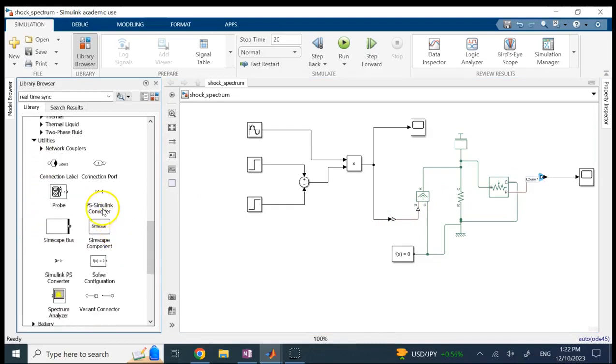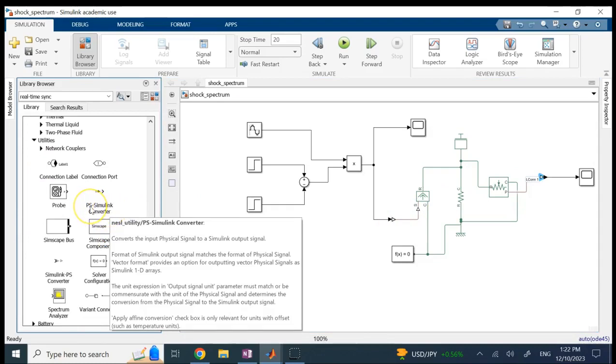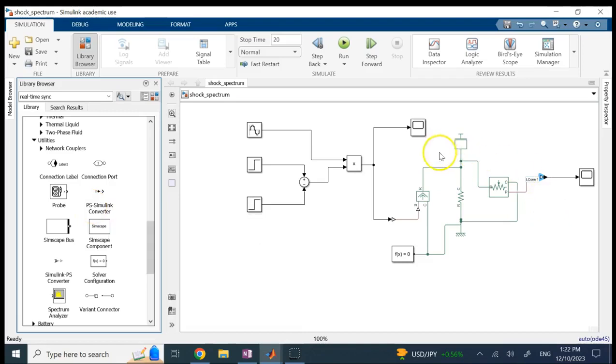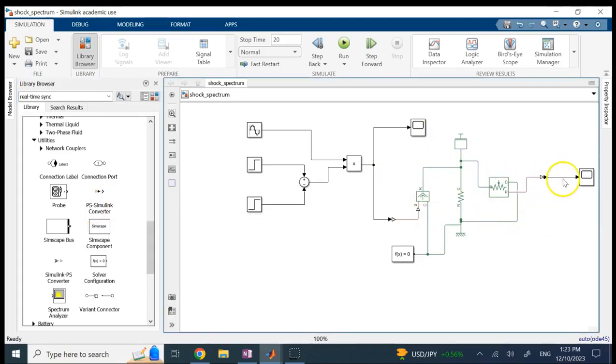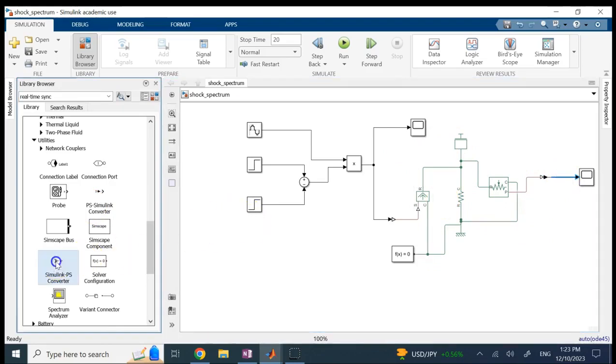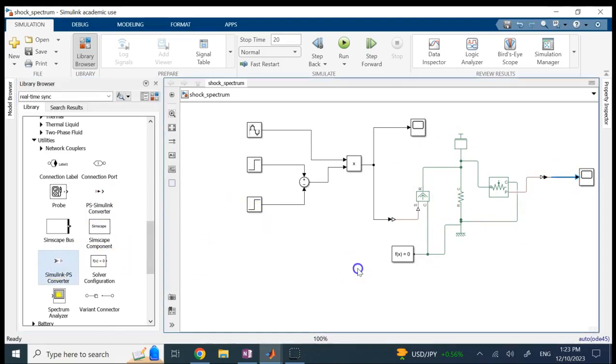One of them is called PS to Simulink converter. PS stands for physical system. So it converts your physical system, which is this mass spring system here, into a Simulink block. And the other one is Simulink to PS converter. So here the Simulink signal is converted into a signal that can be read into this physical system.